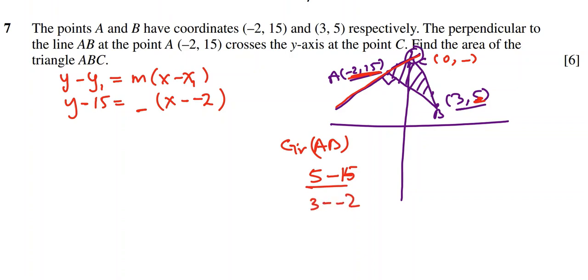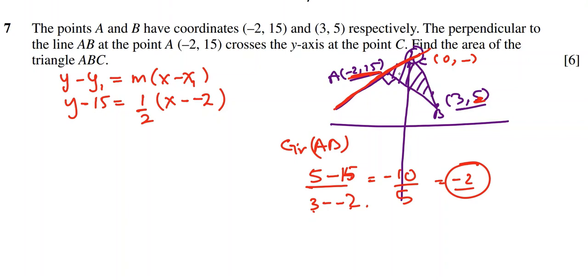So it is 5 minus 15, equal to minus 10, and 3 plus 2 is 5, which gives minus 2. But the gradient of the line perpendicular to AB will be the negative reciprocal of minus 2, which is 1 over 2. That's the equation of the perpendicular line.